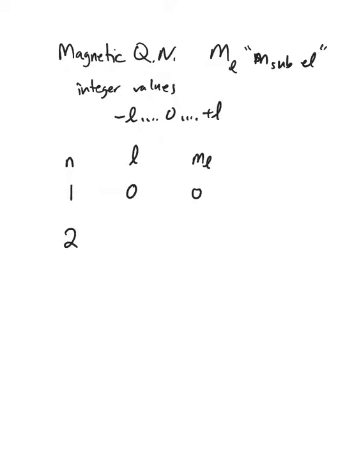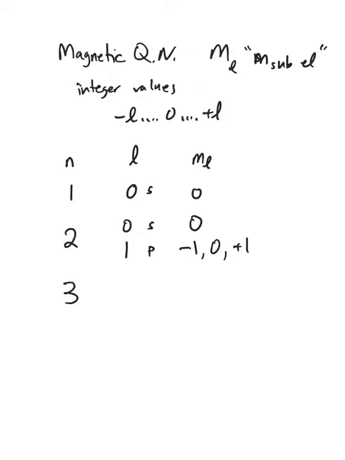If n equals 2, L can have two values, 0 or 1, and those would respectively refer to S or P orbitals. I can go back and put an S for the n equals 1, L equals 0 value. Then the corresponding m sub L values: if L is 0, the only value for m sub L is 0. If L is 1, m sub L can be -1, 0, or +1.